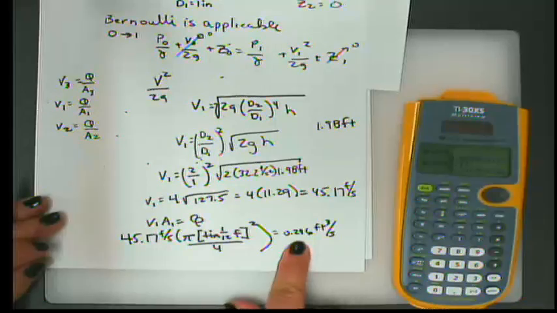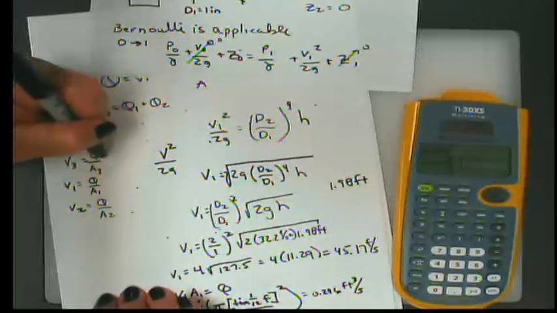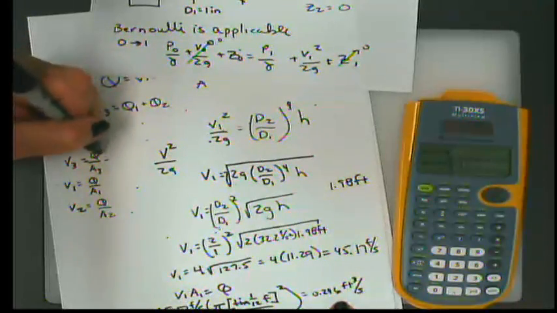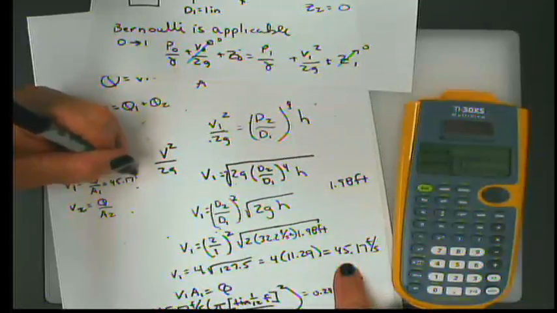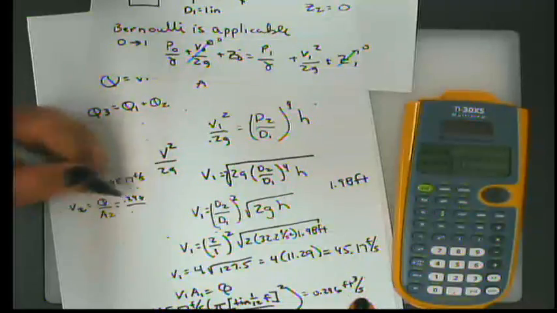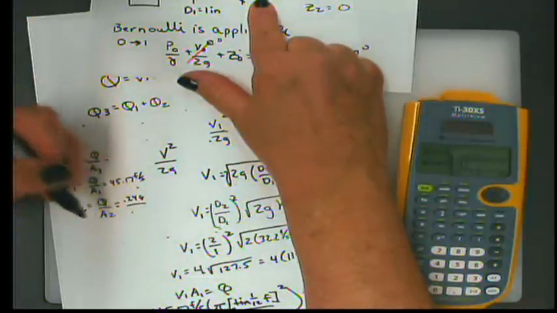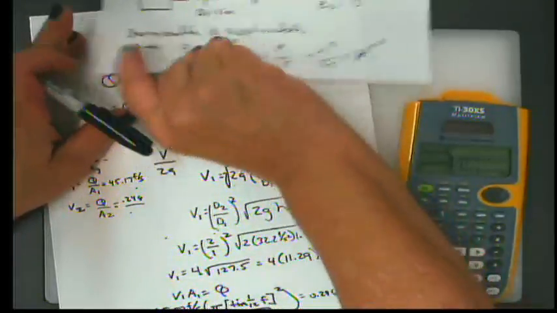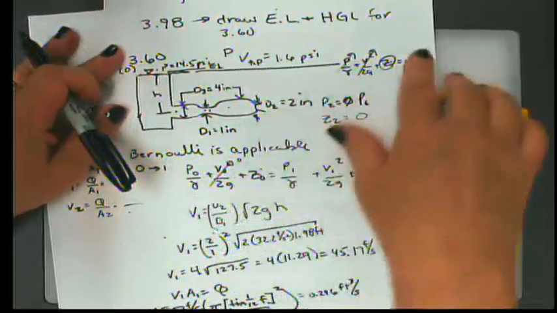Okay, now that's a constant, isn't it? Because this is incompressible flow. So that means that my velocity here, I know this velocity, 45.17 feet per second. This velocity is going to be 0.246 cubic feet per second divided by area 2, which has a diameter of 2 inches. Let me pull this paper down. So I'll have a diameter of 2 inches on my outlet.